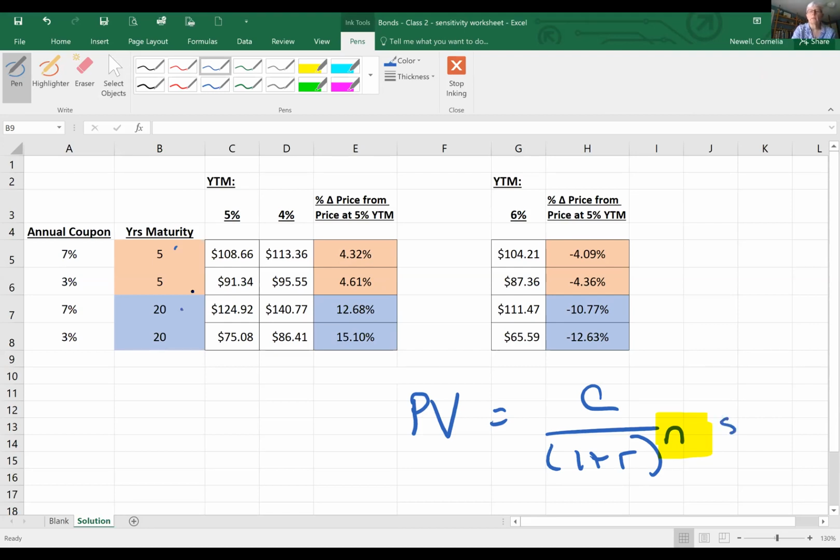When we have a 20-year maturity, N is 20. So having a much bigger maturity, when R changes, it's amplifying the impact of that change much more. If you have a really long bond and interest rates change, the impact of that change on the present value is amplified if N is big.